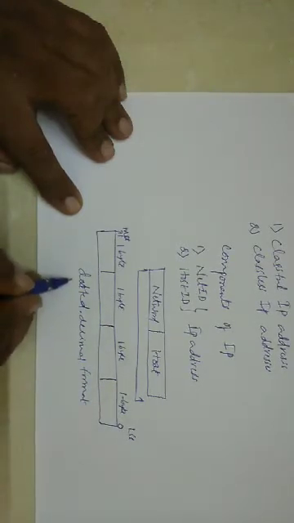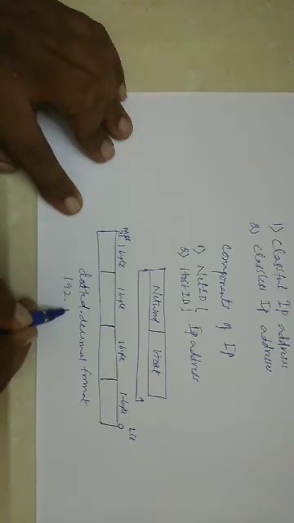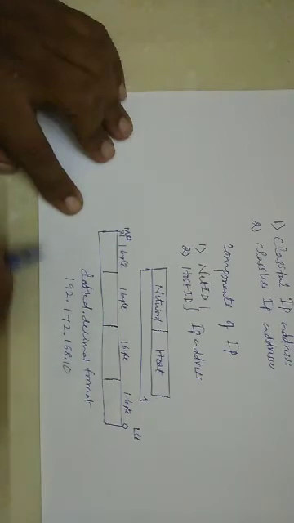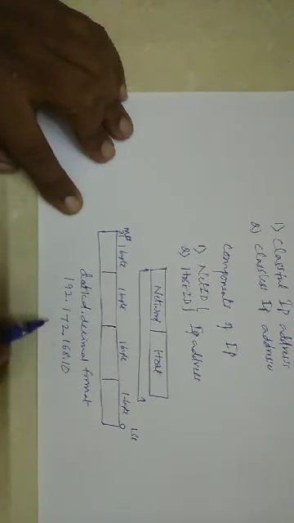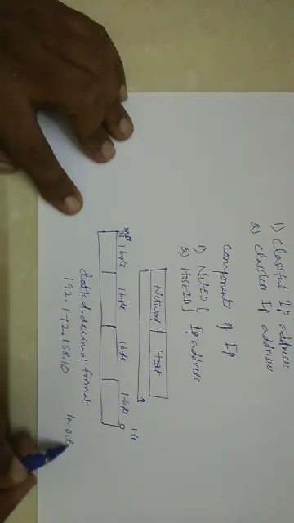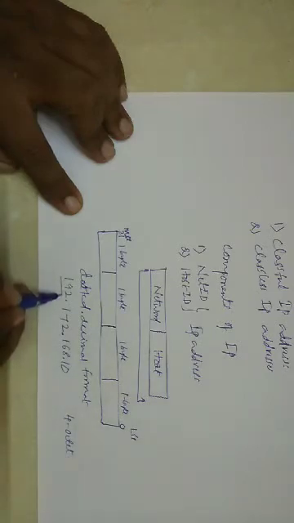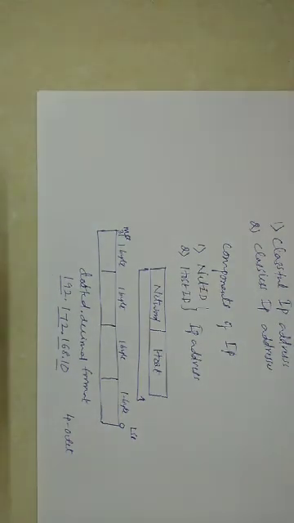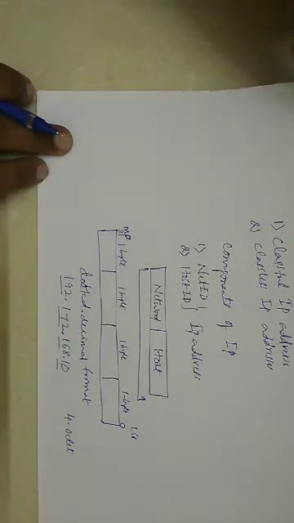An example is 192.172.168.10. This is one example of dotted decimal format. The 32 bits are divided into 4 octets. Each octet has 1 byte size. This is the second byte, third byte, and fourth byte. Since the whole IP address has 32 bits, we have 4 octets in it. These are the components of our IP addresses.